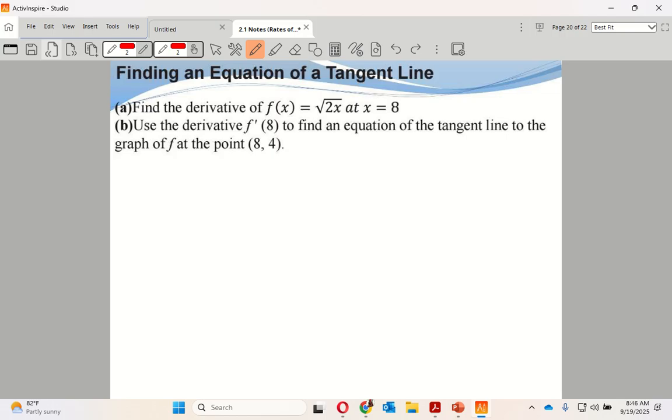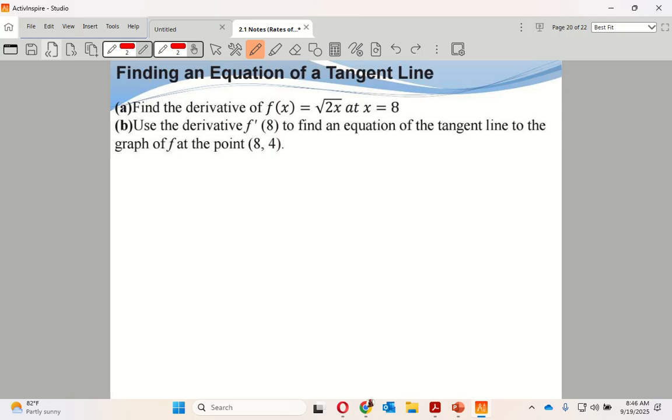Now, find the derivative of f at x equals 8. Use the derivative f prime of 8. Find the equation of the tangent line to this. All right, so yeah, this one's kind of a pain, but life goes on. So it's going to be the whole thing. Let's see.